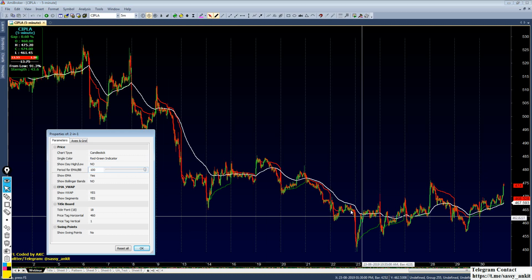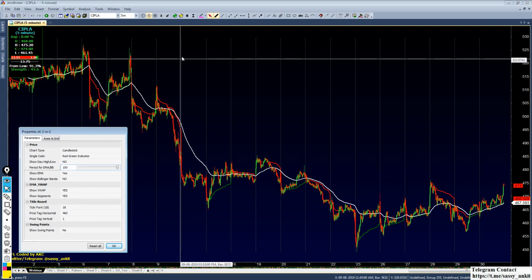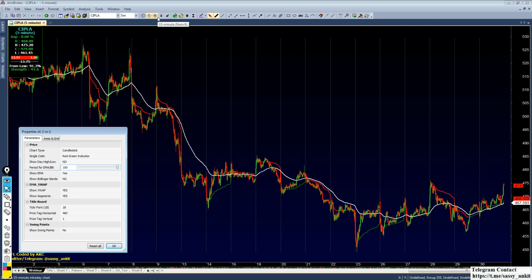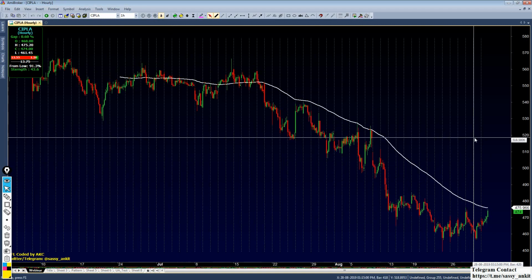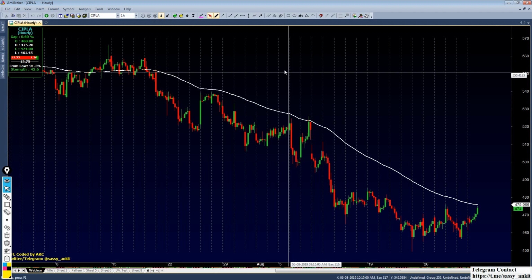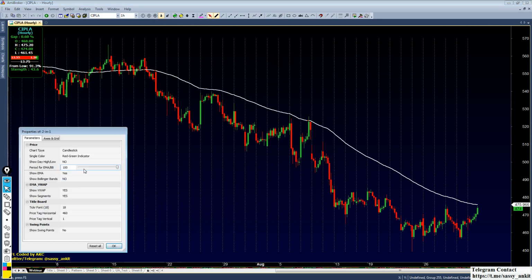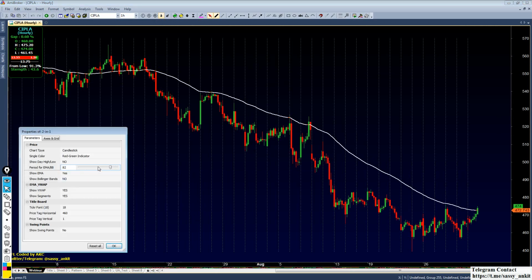Normally these EMA values go in hundreds. I don't prefer that much. So till this particular time frame, it's okay, you can work around, but the best way to trade using this dynamic support resistance is your hourly. So based on hourly you can find your trades.